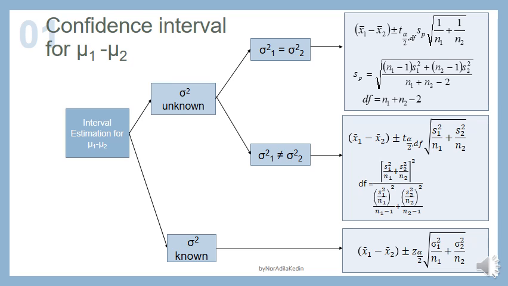If it is unknown, then you kena tengok sama ada dia ada equal variance or not equal variance. Okay, if the population variance is unknown, memang pakai T distribution. Tetapi dia punya standard error dia berbeza ni.